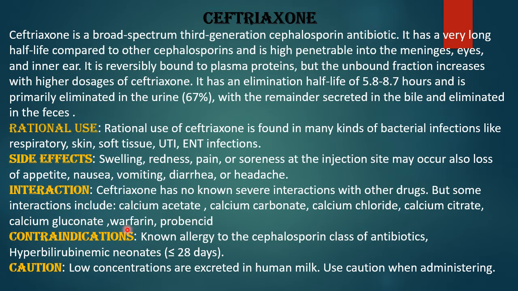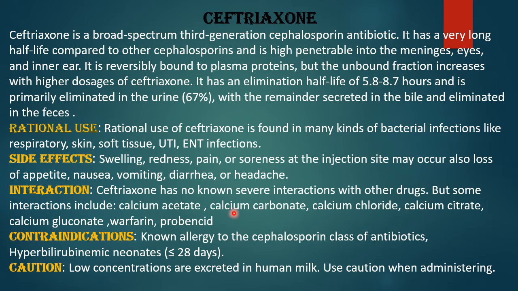What are the possible contraindications? Contraindication means known allergy to cephalosporin class of antibiotics. Neonates less than 28 days, hyperbilirubinemic neonates should not be treated with Rocephin, meaning ceftriaxone, because it can displace bilirubin from its binding to serum albumin, leading to a risk of bilirubin encephalopathy in neonates.